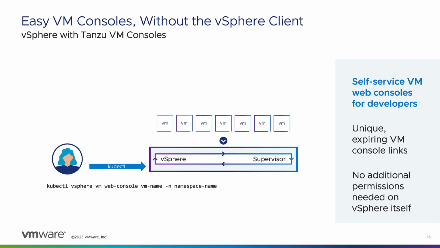So now using the kubectl vSphere VM web console command, DevOps users that already have current permissions on their namespace and current permissions on the VMs that they've deployed in their namespace can be returned a one-time use web console link, and they'll open this link, copy it into a browser, and they're into their respective virtual machine. So there's no additional vSphere permissions needed. You don't need to grant vSphere client to any of the DevOps users. They can access the virtual machine web consoles using their own familiar tools.